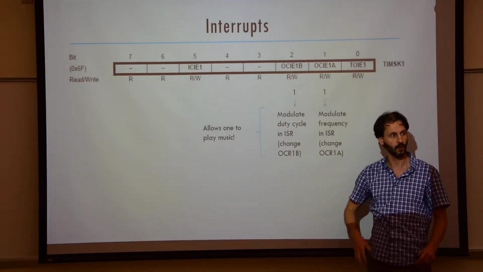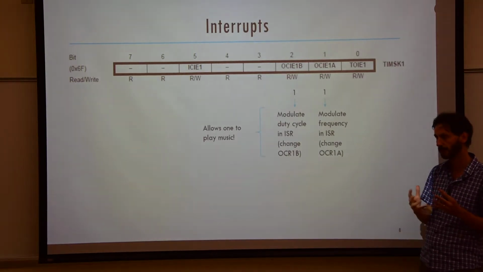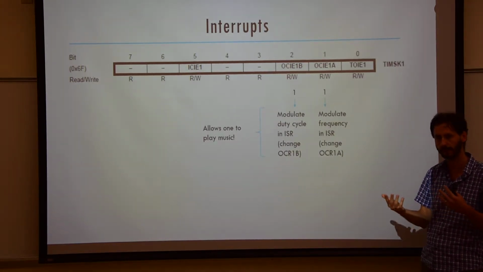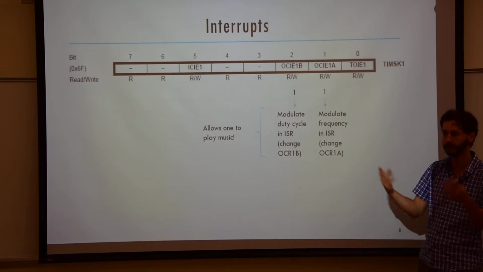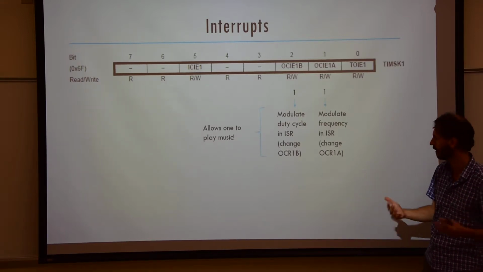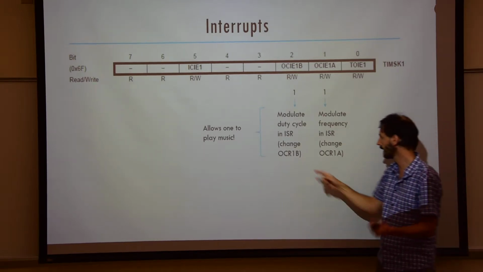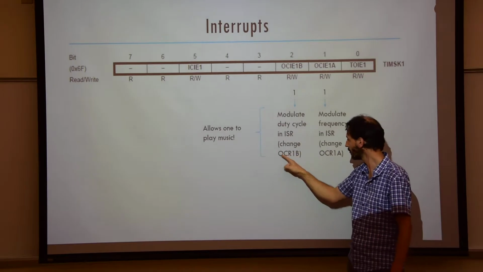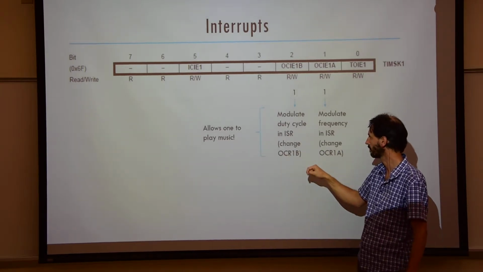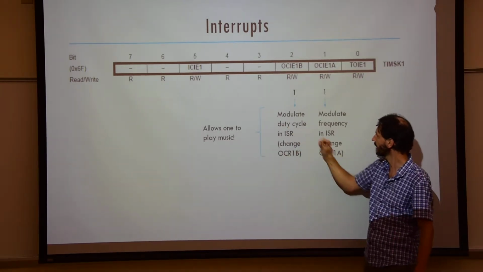So in that way, I can on the fly change the OCR1B based on some other variables that are globally defined, and depending on what kind of musical instrument you want to play, for example, you will indicate then to the ISR through these global variables how you would like to change OCR1B. So that will change the duty cycle.